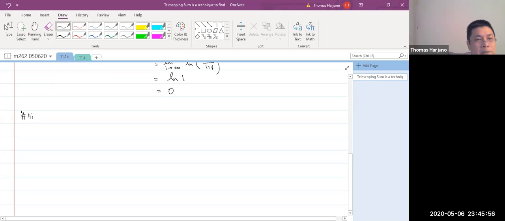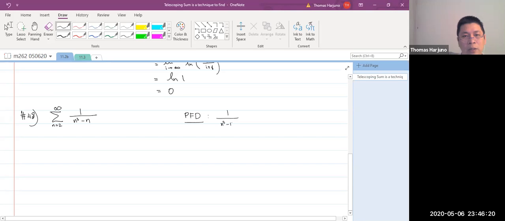The summation from n equals 2 up to infinity of 1 over n cubed minus n. So let's do partial fraction decomposition first. 1 over n cubed minus n equals 1 over, I factor the n, n minus 1 and n plus 1. That's the factoring, right?